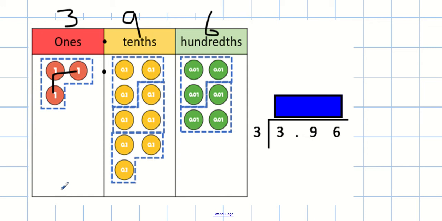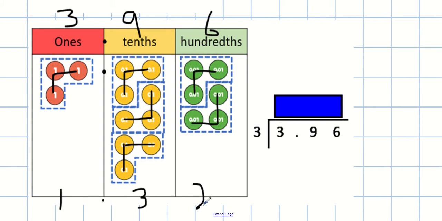In the tenths, how many tenths can I split into groups of 3? Well, I've got 1 group of 3, 2 groups of 3, 3 groups of 3. Oh, there's one thing I forgot to do as well. What do I need to bring down, do you think? My decimal point. And then in my hundredths, I've got one group of 3, 2 groups of 3. So there we go.